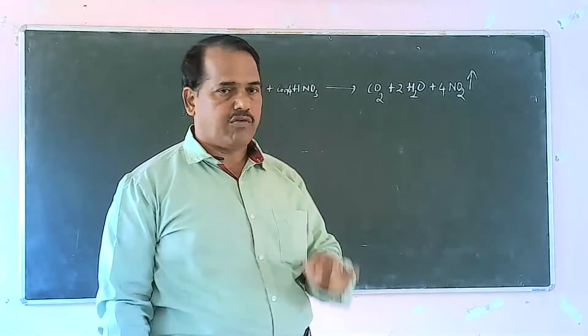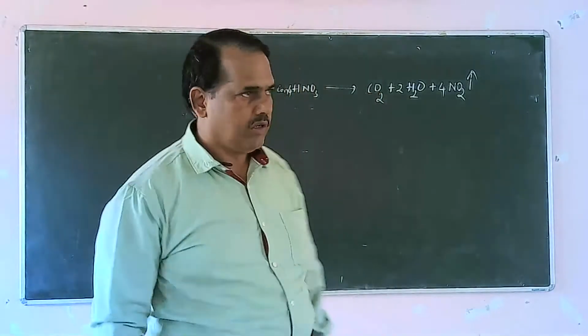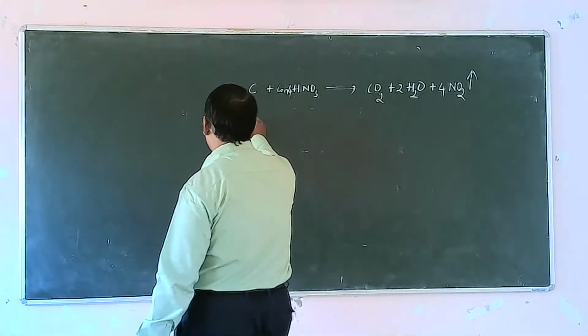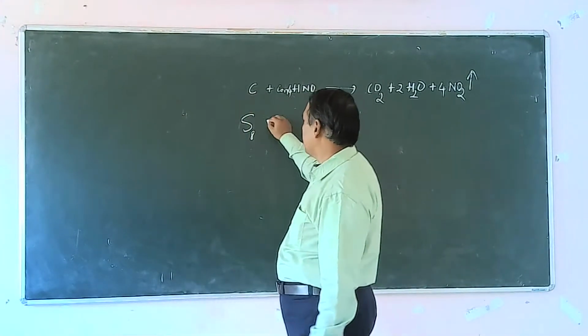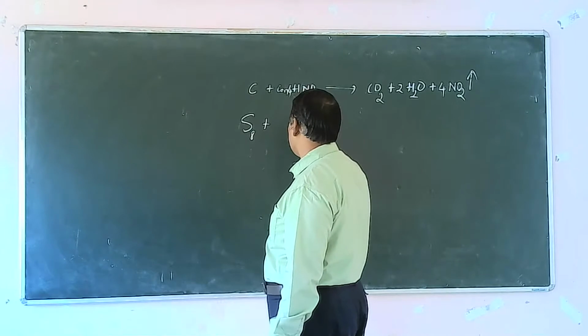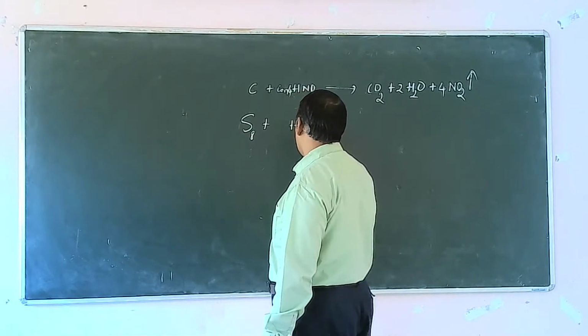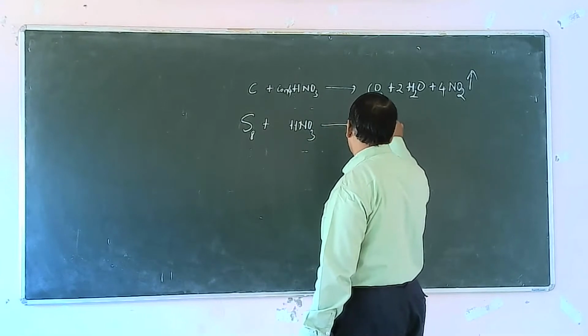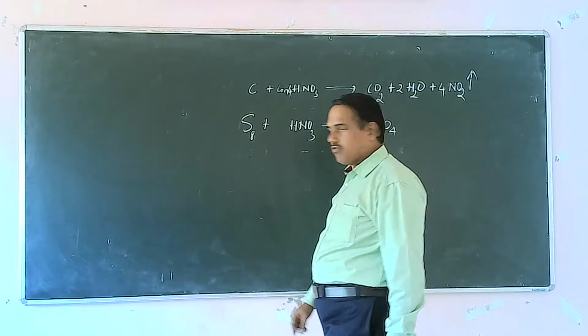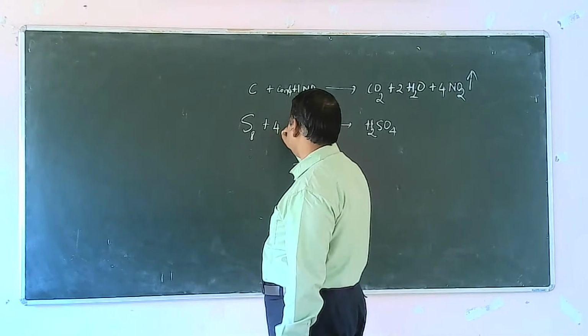Like that, it reacts with iodine, and even it reacts with sulfur. Take for example, sulfur, which is polyatomic, S8. When it reacts with nitric acid, you will get sulfuric acid, H2SO4. You can balance here.